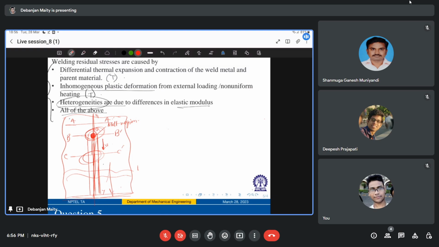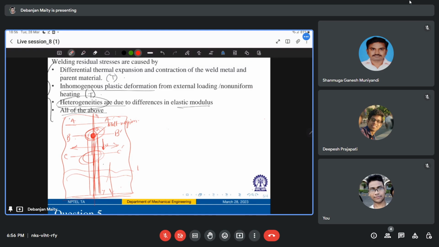So the distribution of temperature transverse to this weld line. For this welding, four locations we will talk about.